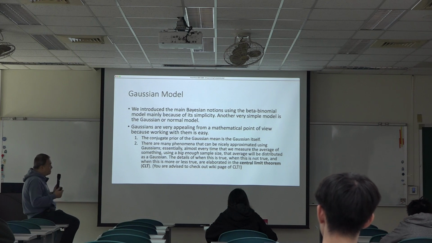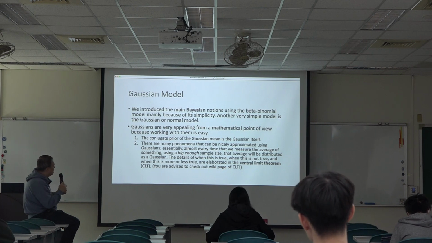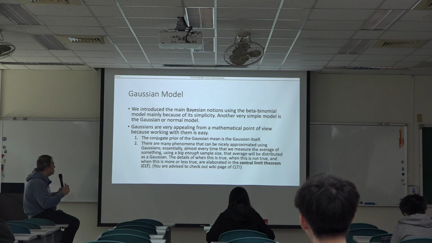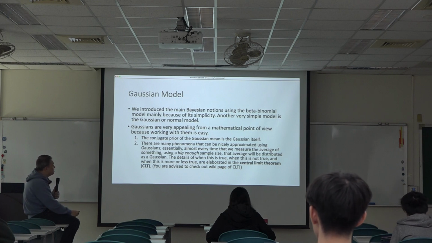Second, many phenomena can be approximated using a Gaussian, okay, especially when there are many factors that affect the phenomenon. For example, every time we measure the average of something using a big enough sample size, that average will be distributed as a Gaussian.